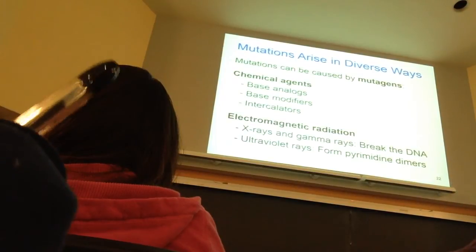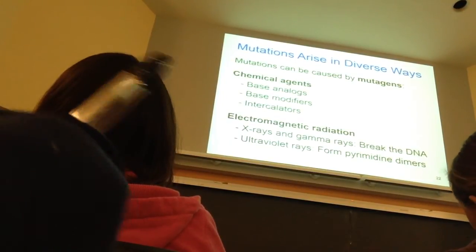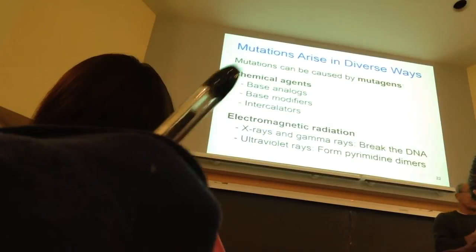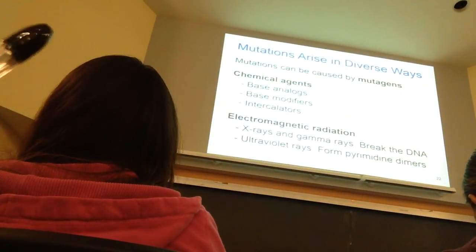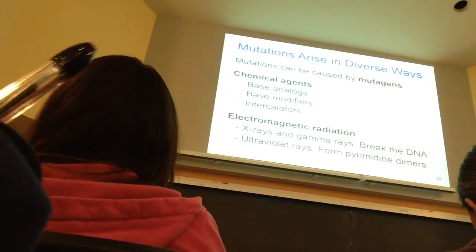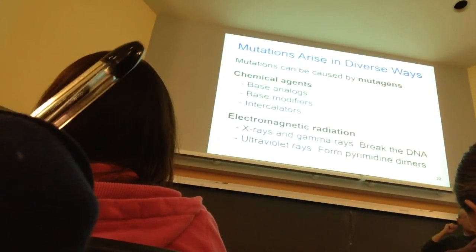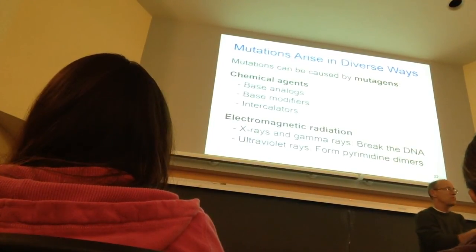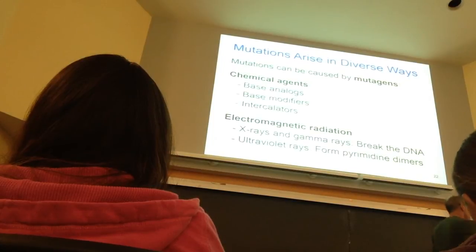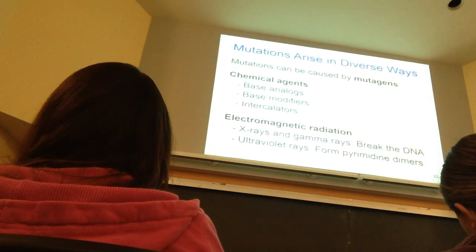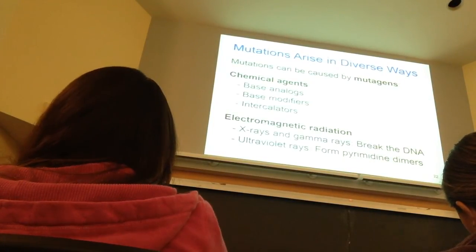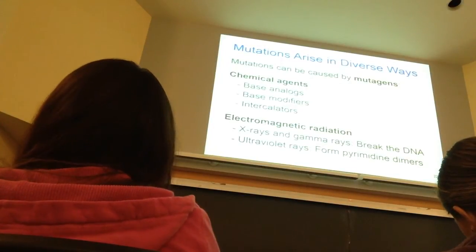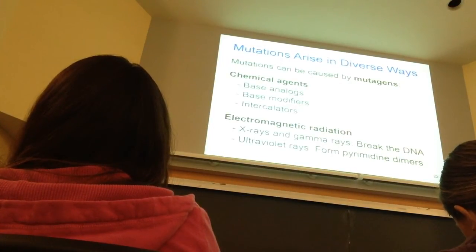So base analogs, these are nucleotides that mimic the structure of our bases and become incorporated and form a mutation. That's the basis for a lot of drugs that we use, is we use analogs that viruses incorporate into their genome, cause mutations, and allow us to overcome some viral infections. There are chemicals that intercalate the DNA, and that causes, in some cases, mutations.